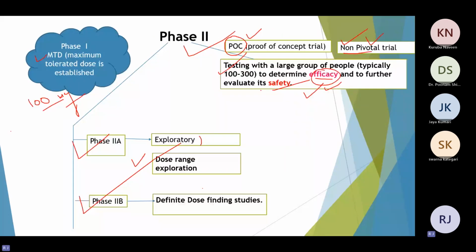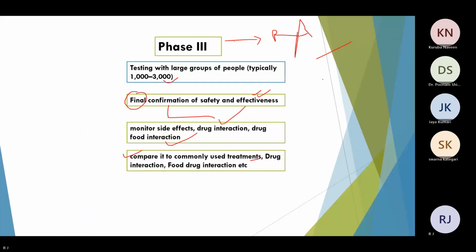And second thing, I use this word effectiveness here, but in phase 2, I use this word efficacy. Okay, this is very important. Both the terms, efficacy and effectiveness, tell the same thing. Efficacy means how well the drug is working for our disease, right? How successful is drug performance in treating that particular illness. That characteristic is called efficacy.